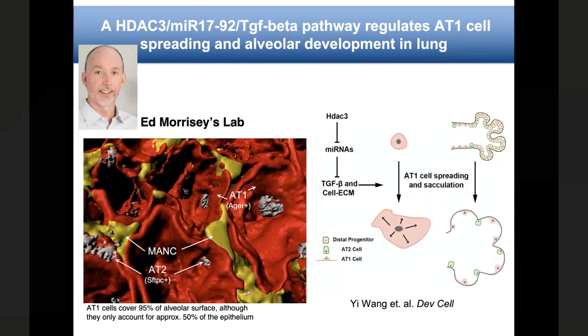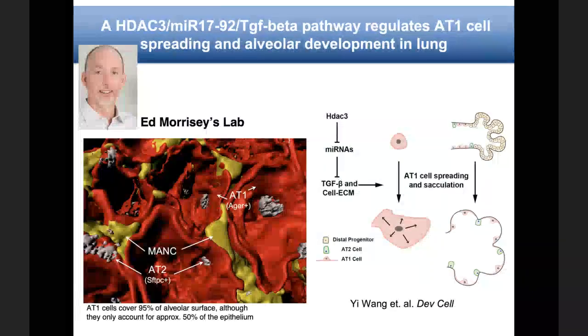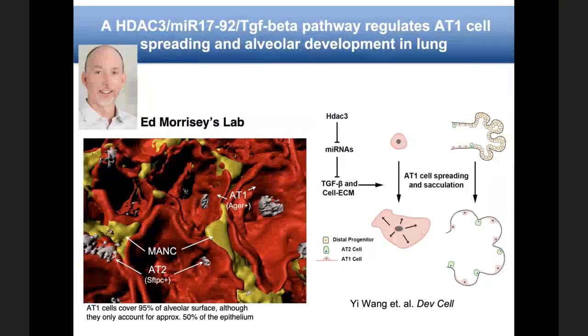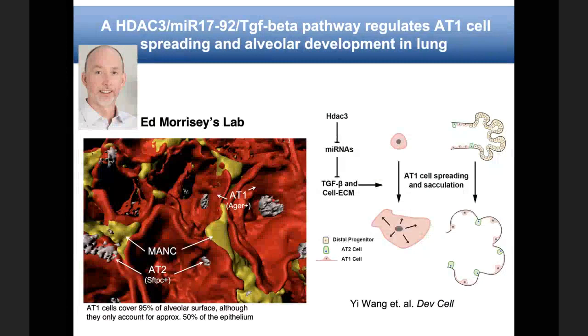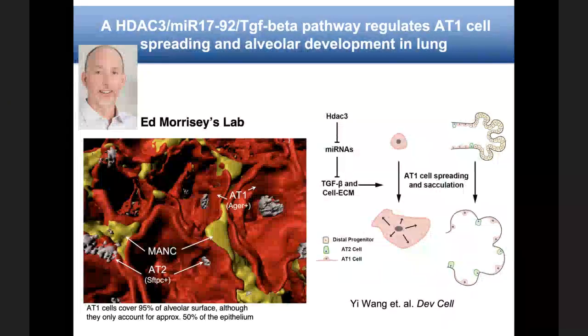And shown on this slide is work from a student, Yi Wang, in Ed's lab, where they studied chromatin remodeling and its regulation of microRNAs through the TGF-beta pathway and extracellular matrix regulation in the morphogenesis of these AT1 alveolar cells and how they become spread thin through this process, and this allows the gas exchange. So this is some work from Yi Wang that was published in Developmental Cell.